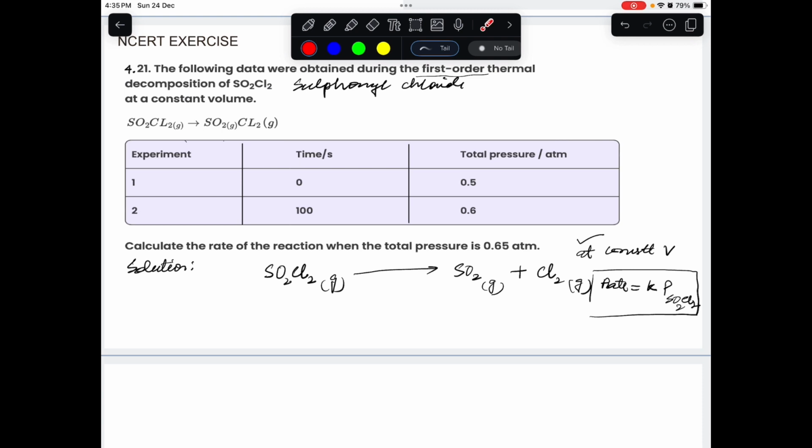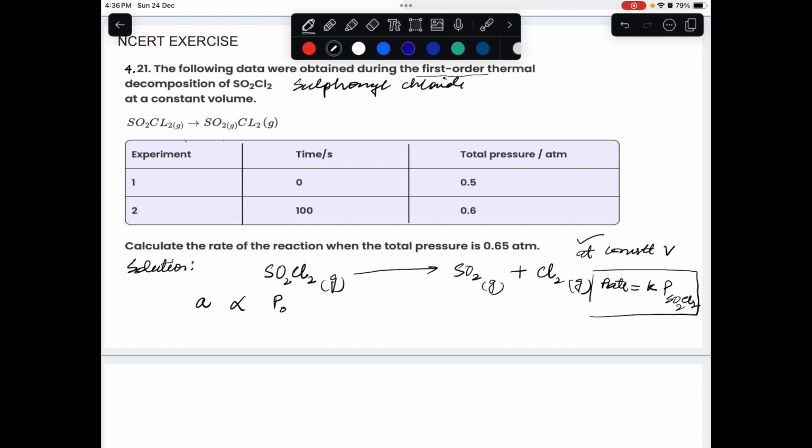Okay, now one thing that we have to remember in this case, that is at time 0, whatever total pressure is there, initially we will be having only your sulfonyl chloride, only the reactant. Therefore initial pressure, suppose we are taking P0, which is synonymous to the initial amount in case of the concentration term.